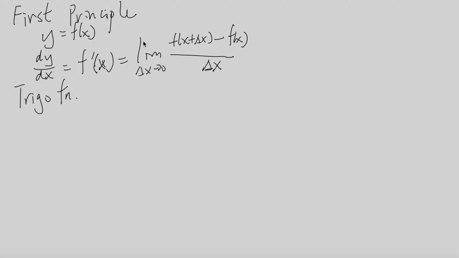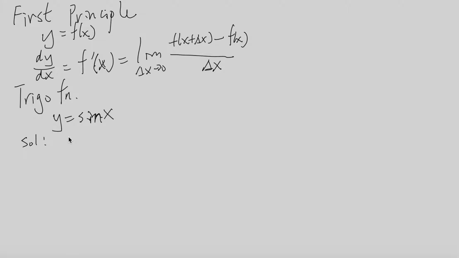The scale will be very different from the original one I taught you yesterday. So let's start. For example, if I ask you to find the derivative of y equals sine x, that means f(x) is sine x, by using first principle, how should you do it?